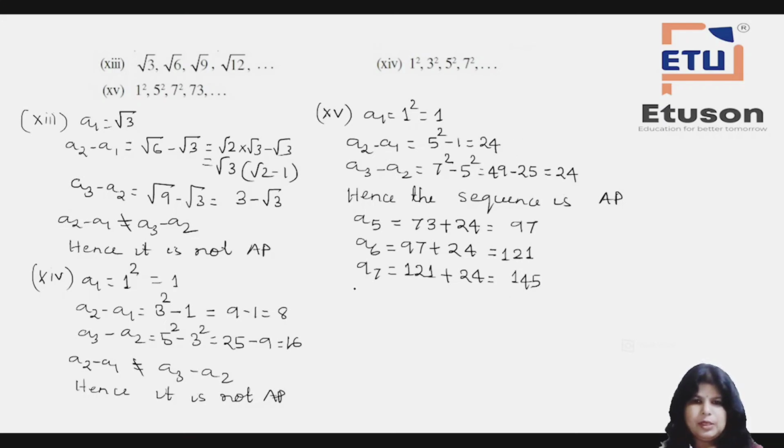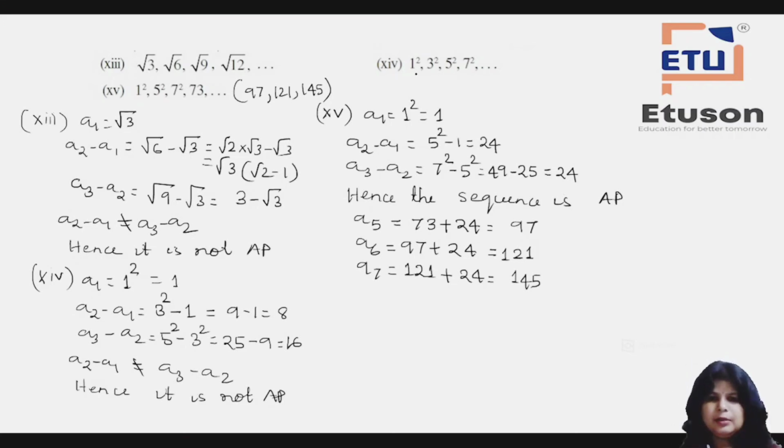So we have obtained our subsequent numbers: 97, 121 and 145. Correct? So it's very easy, right? You just have to check whether the common difference exists or not. If the common difference exists, then it is AP, and then you have to find the subsequent numbers.